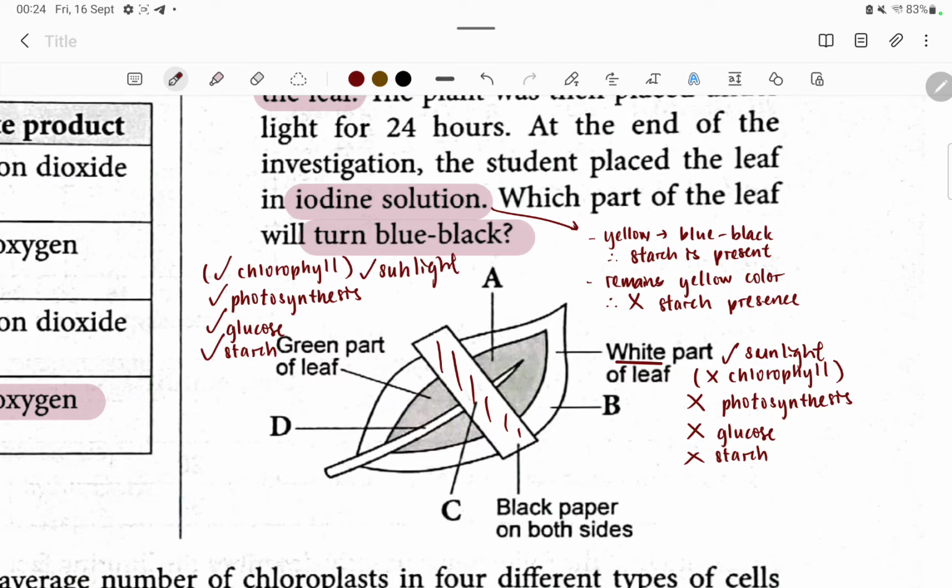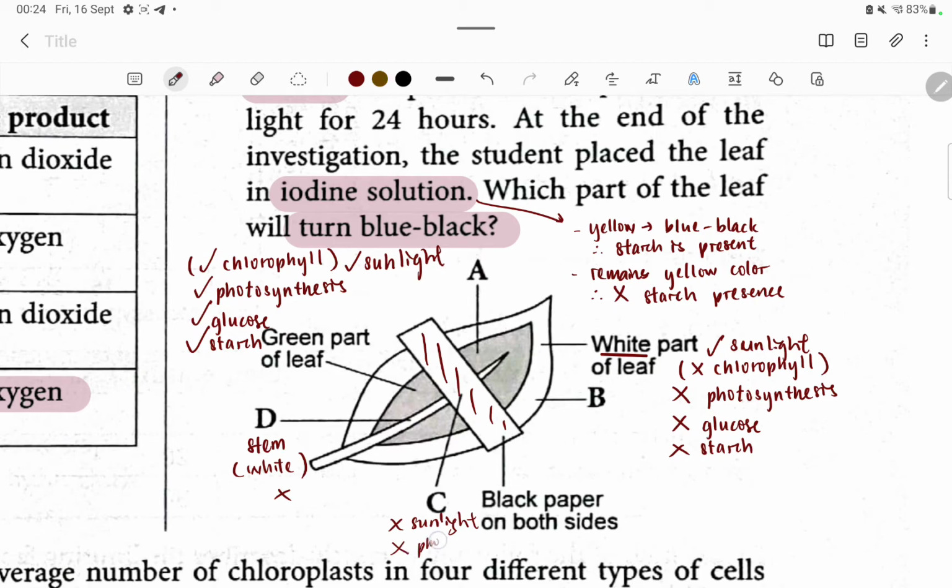Okay, this is the stem. Notice that the stem is still white in color, so not the answer also. This one no sunlight, so confirm no photosynthesis. Okay, so what is the answer? The answer should be A.